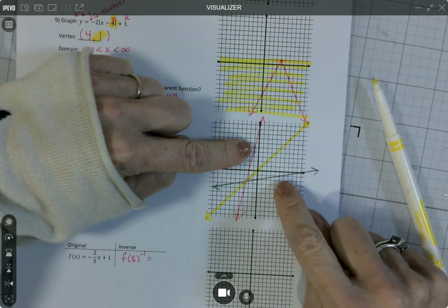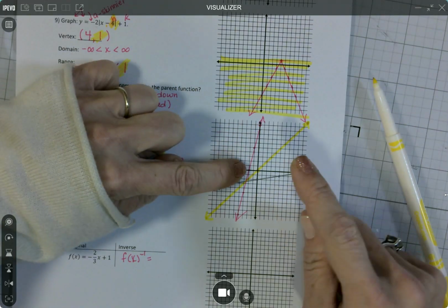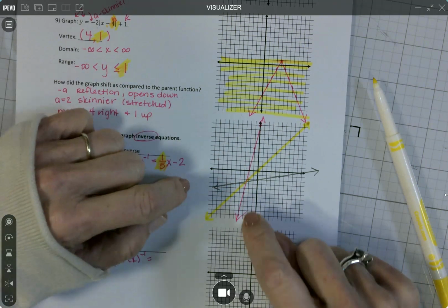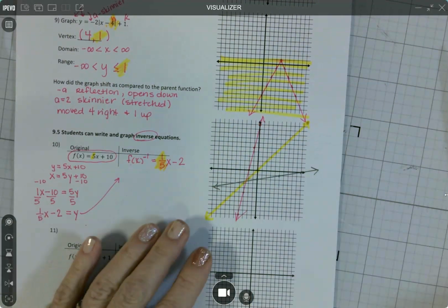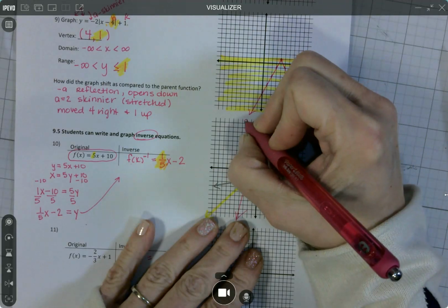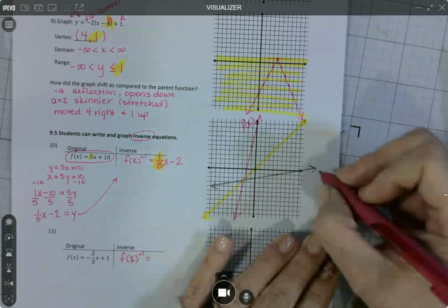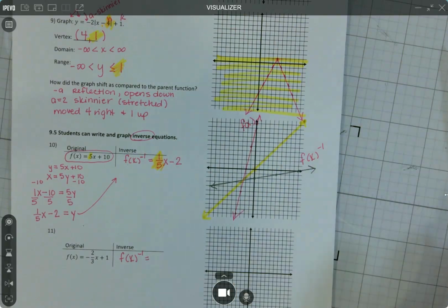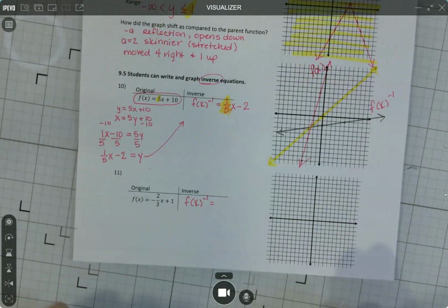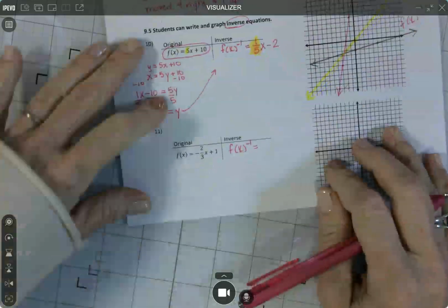This one is reflected there. This one is reflected here, and so on. So this is like a mirror. This is our original. So we want to name this f of x, and we want to name this one the inverse. All right. Now we're going to do the last one. Are you ready? Last one.